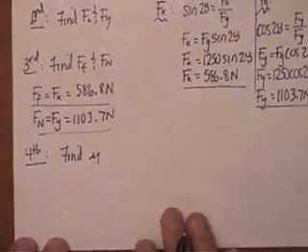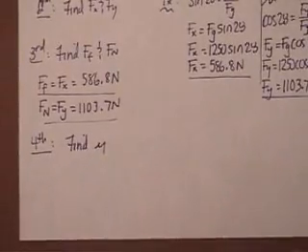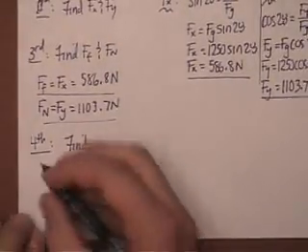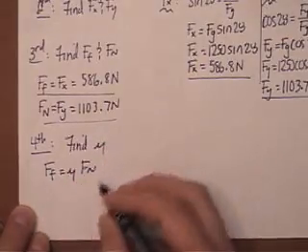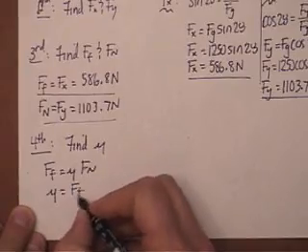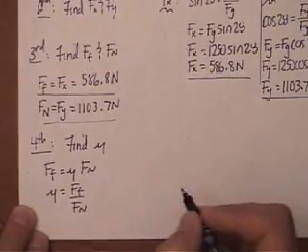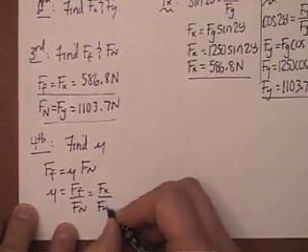our coefficient of friction. And this is going to be a pretty good little trick for you. I'm going to show you. So I know that my force of friction is equal to mu Fn. So then my coefficient of friction is just going to be force of friction divided by Fn, which is really just saying Fx over Fy.